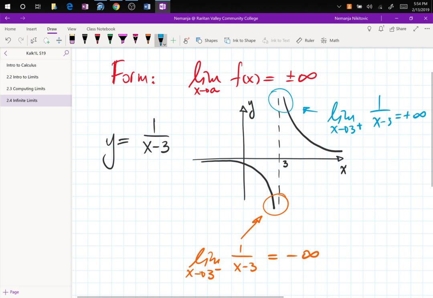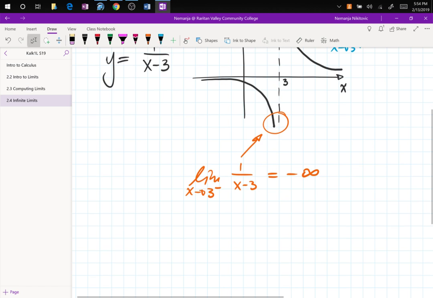As you are approaching from the right, you are shooting to positive infinity because it's approaching the asymptote. And as you are going from the left side, you're going down to negative infinity. And the lesson is over, believe it or not. Now, we can use this to define something extremely important. But this is it. This is the concept of an infinite limit.